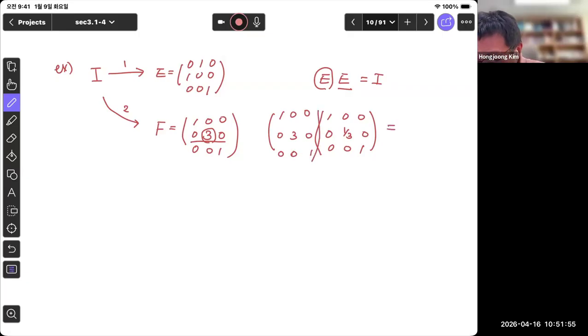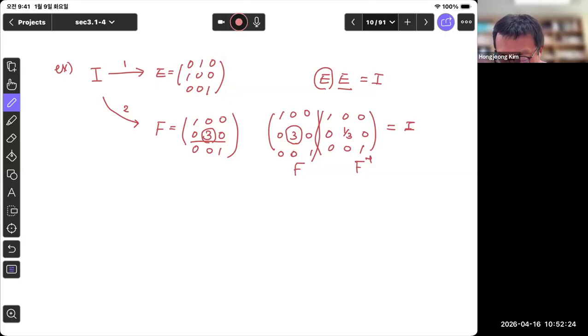So this will be the identity matrix because this one will scale the second row by a factor of 3. So 1/3 multiplied by 3 will become 1. So you get the identity matrix. This is the inverse of F, and here is F.